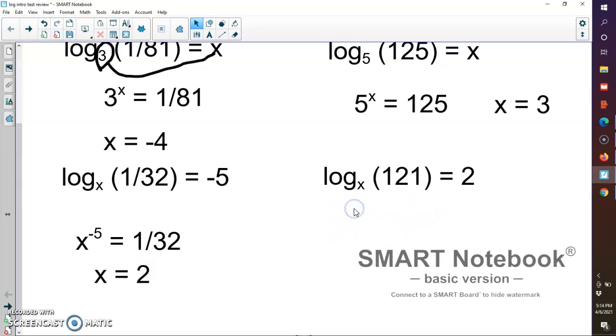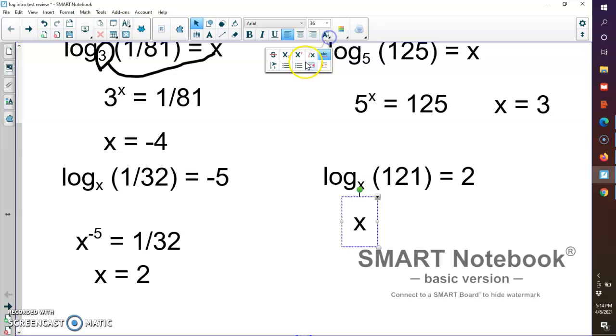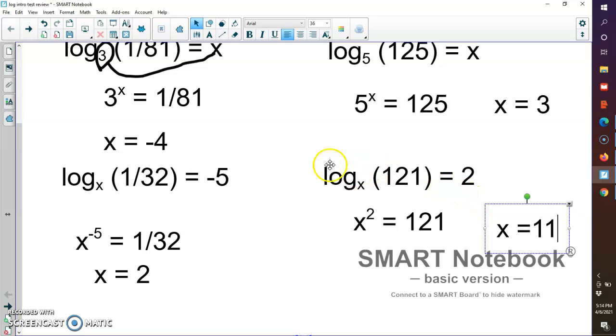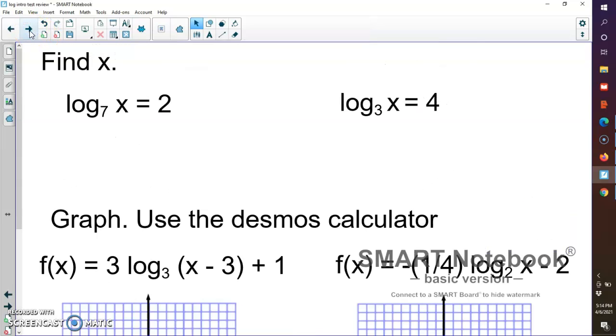And here, it's x squared equals 121, and obviously 11 squared is what's equal to 121. Okay, so every single time it's this little subscript raised to the number to the right of the equal sign equals the big number right here. The next two, same process.